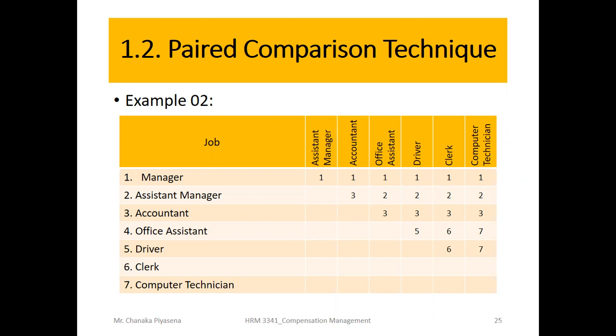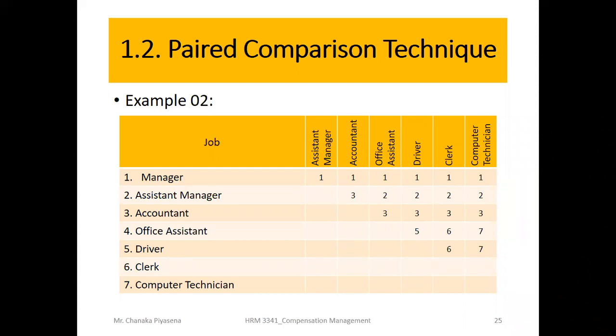Then the driver compared with clerk and computer technicians. Driver represents number 5, clerk represents number 6. Who is the most important? In here, clerk is more important than the driver. That's why we put number 6. And the last column, driver and the computer technicians. Computer technicians is more important than the driver.